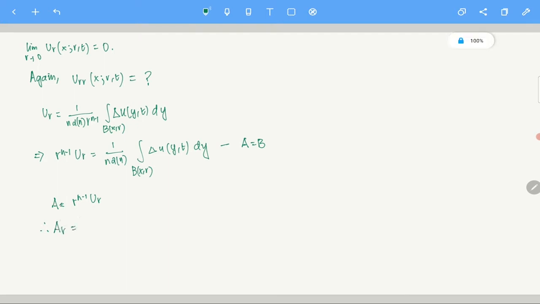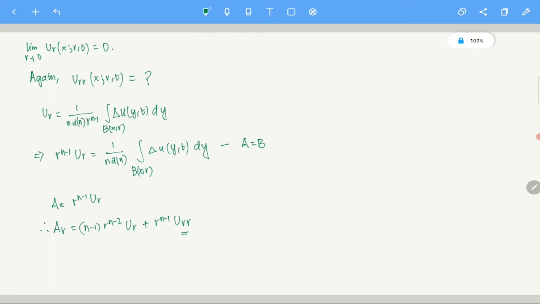This is the derivative of this thing. I want to find out what u_rr is. I am not going to directly do that. It will become n minus 1 r to the power n minus 2 u_r plus r to the power n minus 1 u_rr. And now I have a u_rr from here.